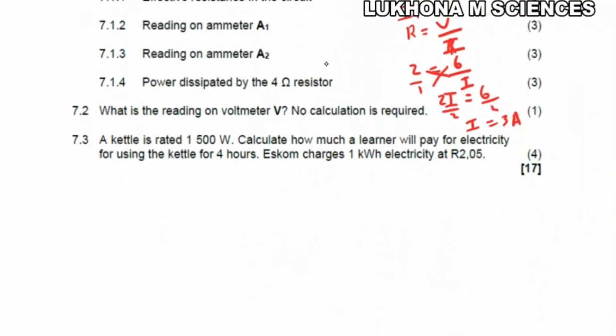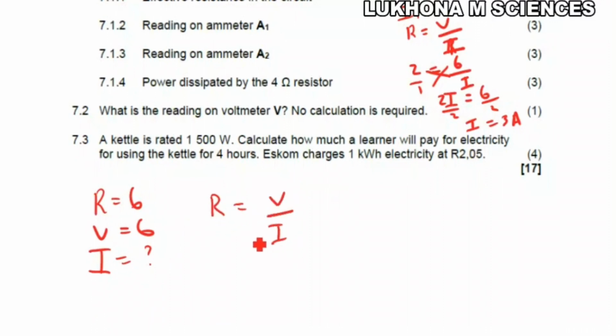So the resistance there is 6, then the voltage there is 6. Therefore, the current will be equal to, we're going to use R is equal to V over I. So V is 6 over I.